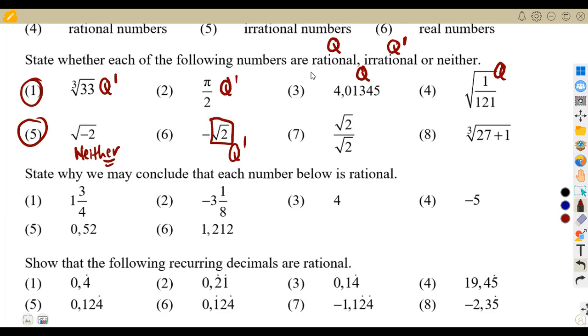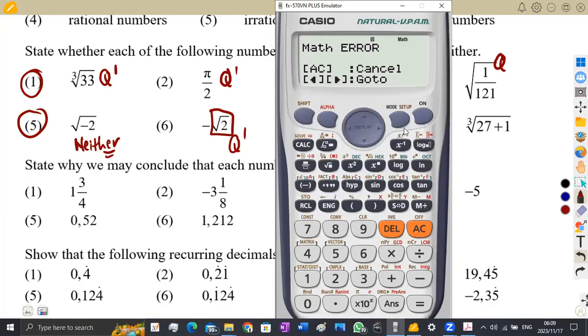If you check on your calculator, like I said, guys, you put minus, then this time the square root. This one is not square root of minus. The minus is out of the square root. So you get a decimal, yes, but this one is not recurring. It's a non-terminating decimal. So it means it's an irrational value.